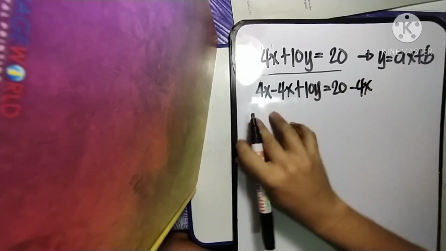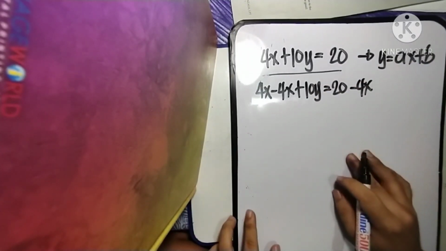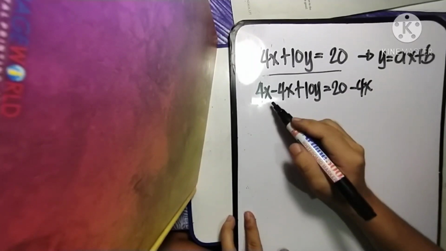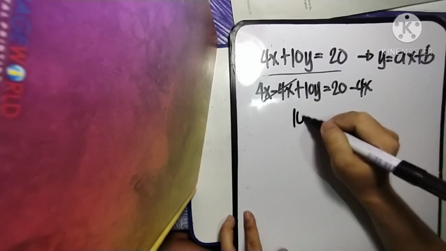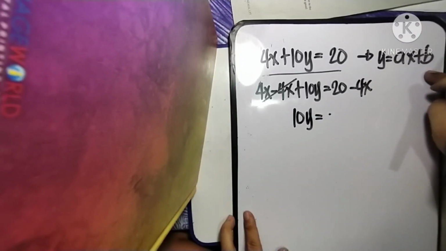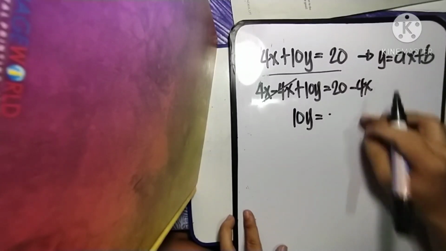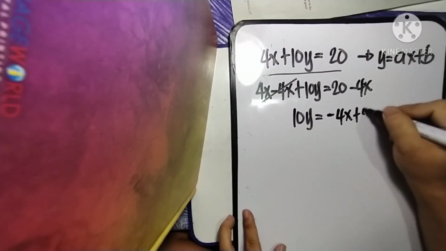Okay, we subtract on the right side, and we also subtract on the other side to maintain the balance of the equation. Okay, so 4x minus 4x is 0. So, what remains is 10y is equal to, then rewrite this one into ax plus b. So, the variable comes first. This is negative 4x plus 20.